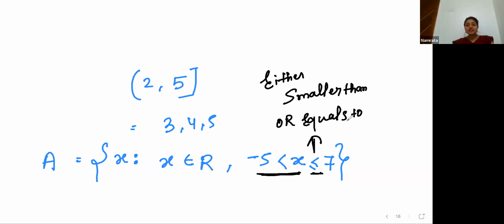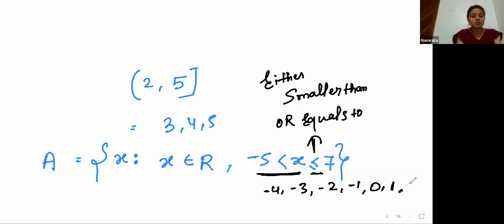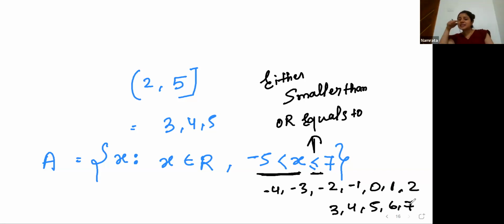So if we list all the elements of this set, x is larger than -5, so we cannot take -5 over here. Here -4, -3, -2, -1, 0. After that, 1, 2, 3, 4, 5, 6, and we will also take 7 due to this equality sign.